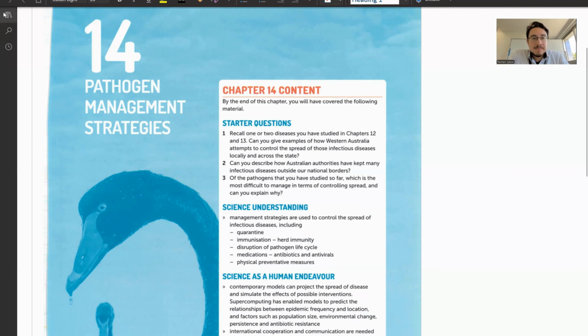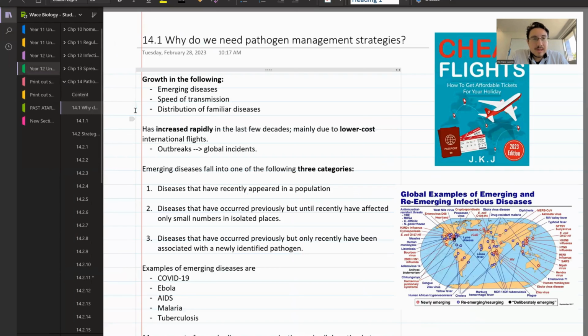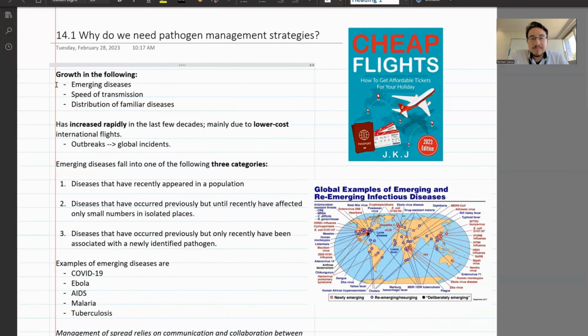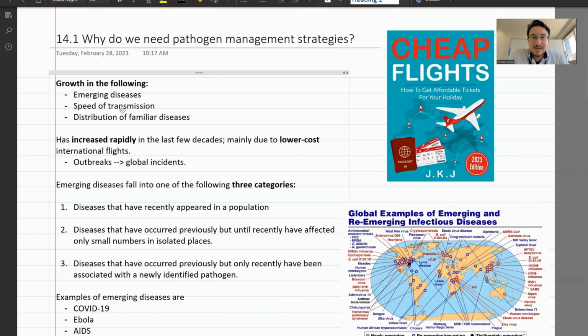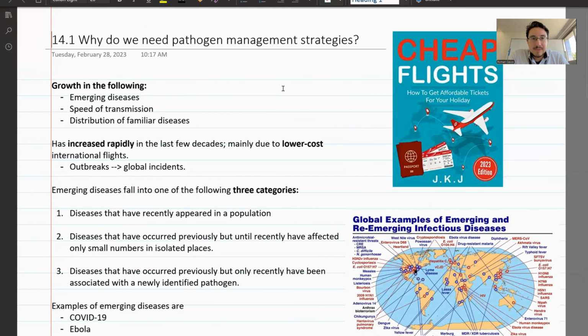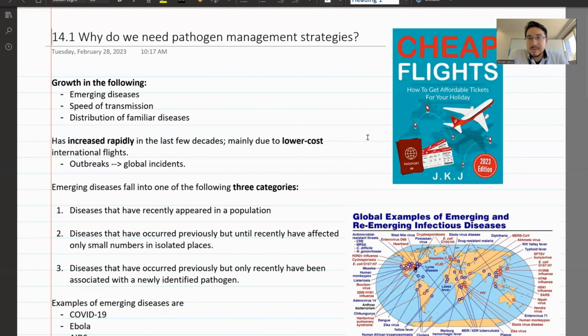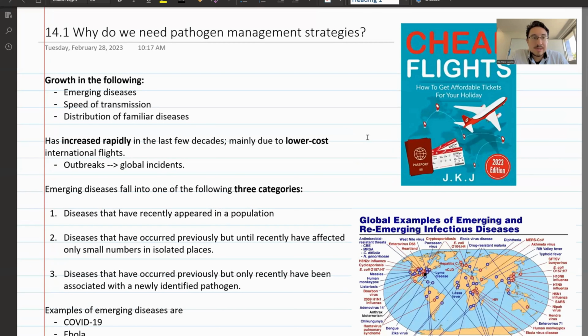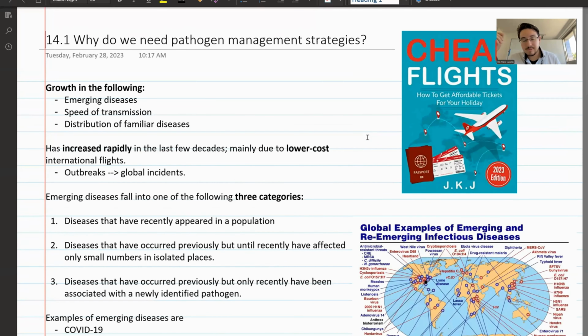Okay, so we're going to get into Chapter 14, Section 1. Of course, why do we need to manage the spread of disease? And why do we need to implement pathogen management strategies? For a number of reasons. We know that there has been an increase in emerging diseases over many years.